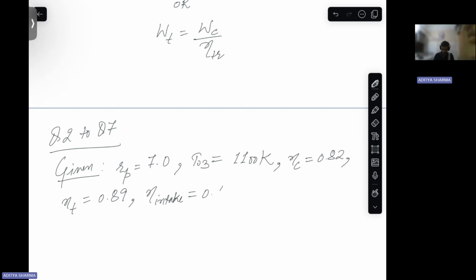Then of intake is 0.92. For nozzle, efficiency is 0.93.